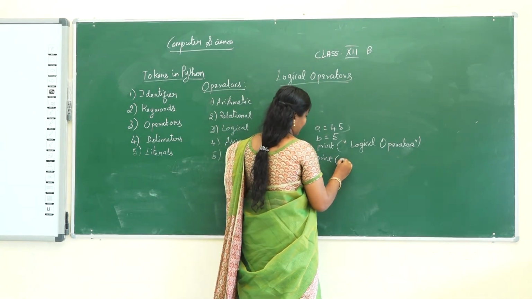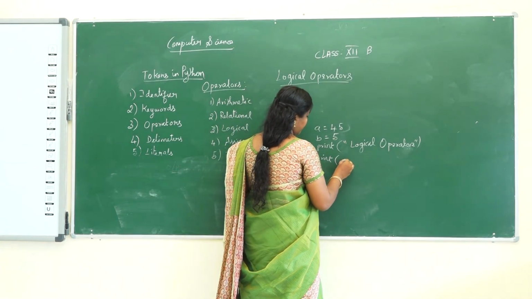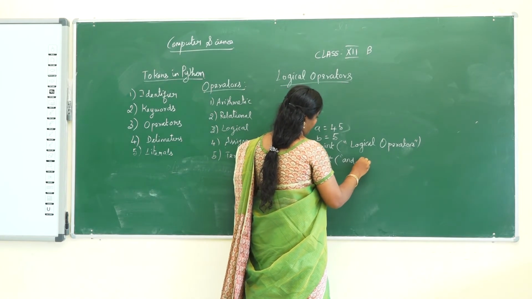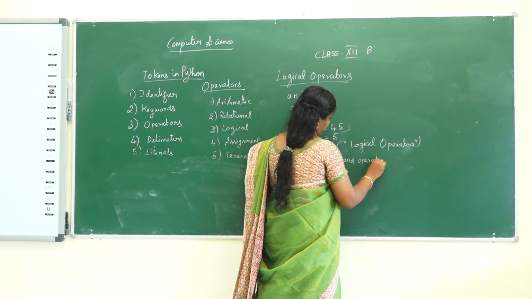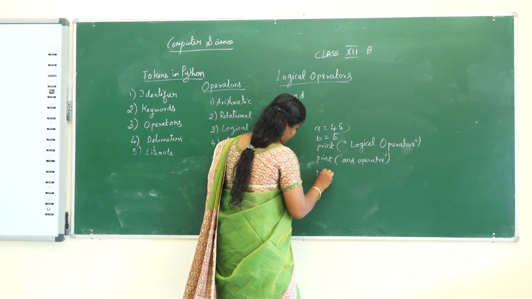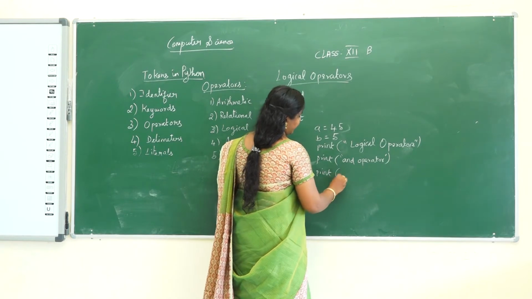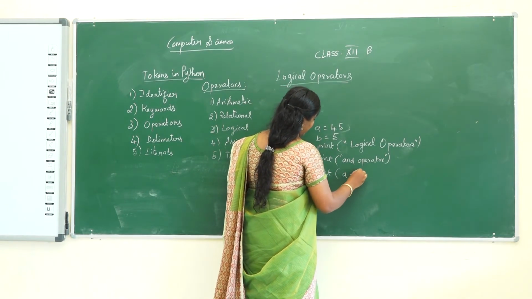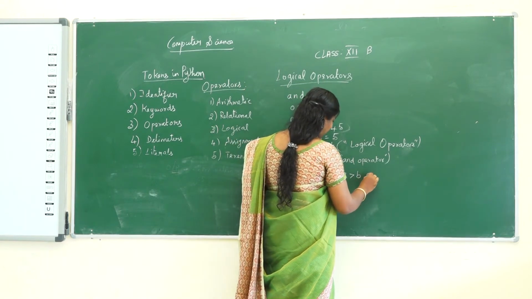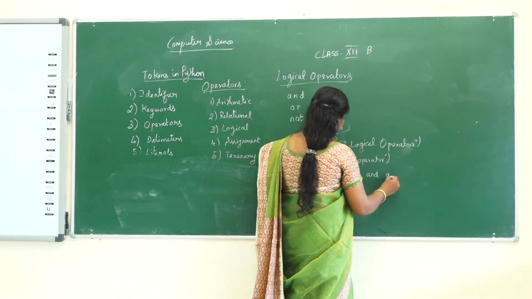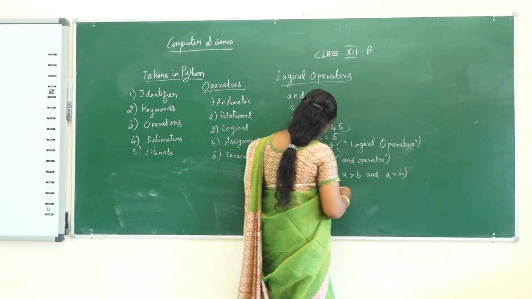The AND operator: print A greater than B and A equal to B.